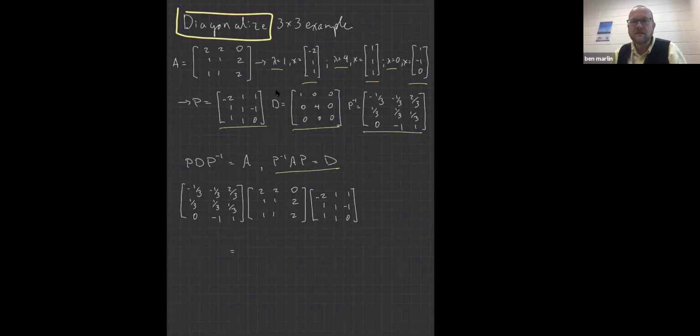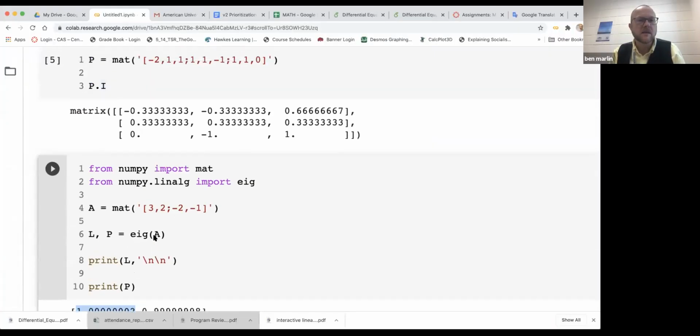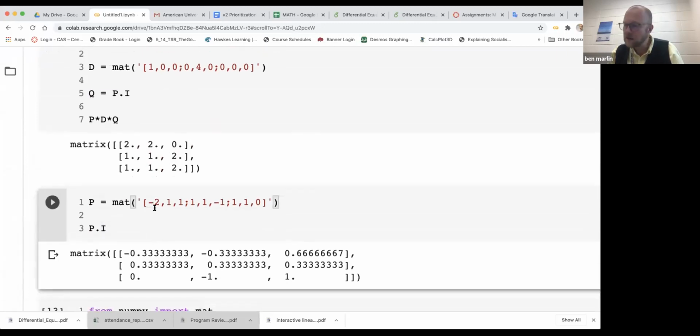Unfortunately, we need the inverse of that matrix there. So, oops, I'm starting to do something else, and I forgot I had to stop sharing in order to share the different thing and come over here. And so for this matrix, I think it's almost the same matrix that I'm going to work with here.